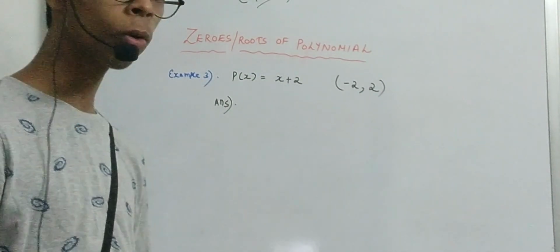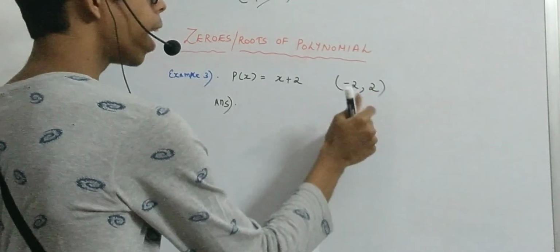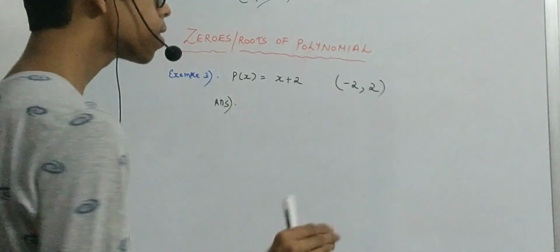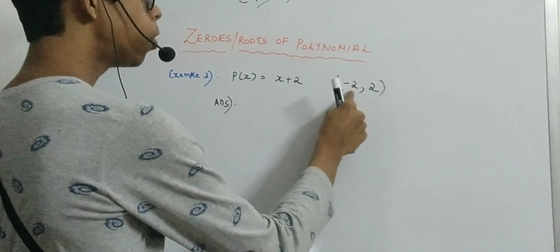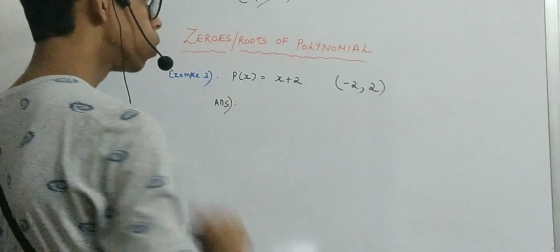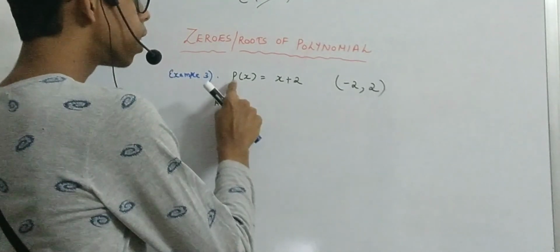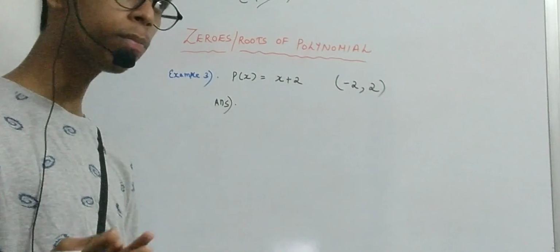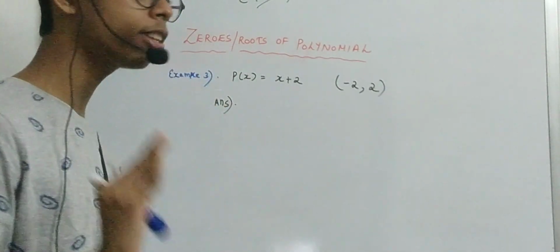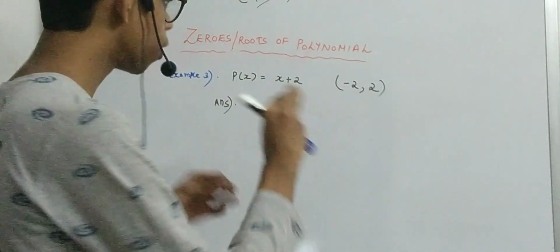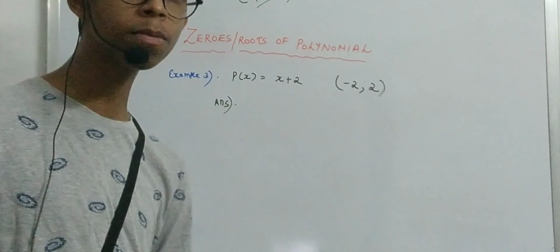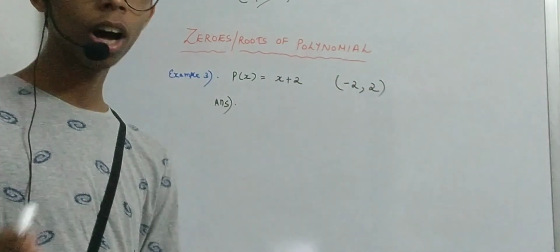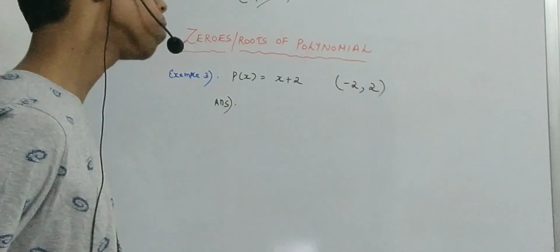They have given that this and this are the zeros of the polynomial. So the first thing you should do is substitute these values for this x and see whether p of x is becoming 0 or not. If the value of the polynomial becomes 0, then definitely whatever is given to you is the root or the zero of the polynomial.